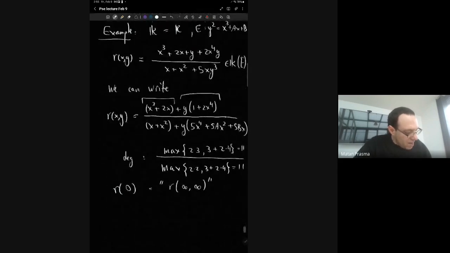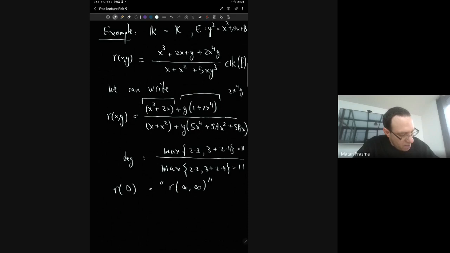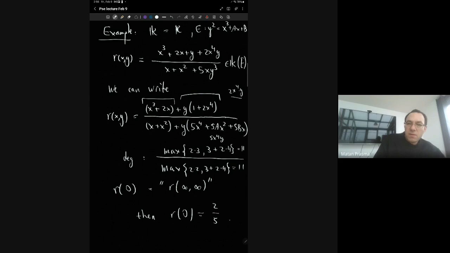The highest monomial is, in this case, 2x to the 4 times y, and below I have 5x to the 4 y. These are the highest monomials. And then R of O would be simply 2 over 5.